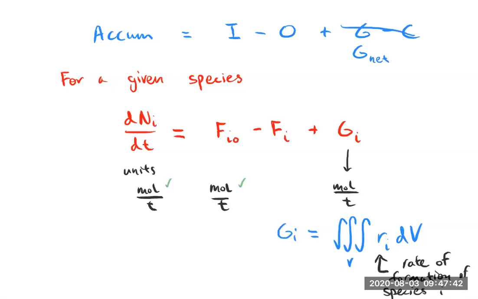This G I term is unifying our material balance and the actual kinetics rate information. And this is why we care so much about being able to properly define this rate of formation of species I term, because that's going to come in and affect our material balance.